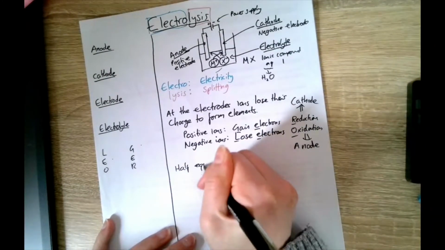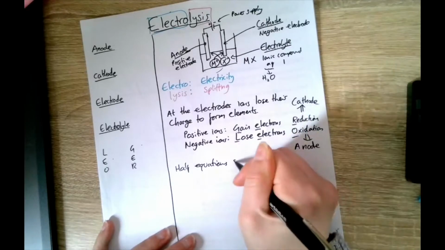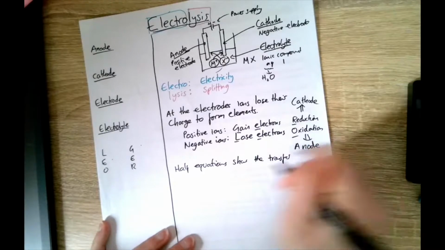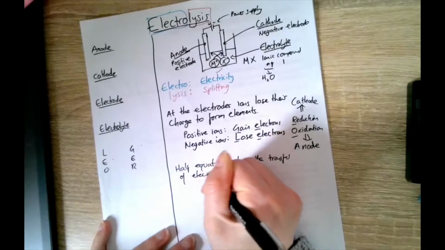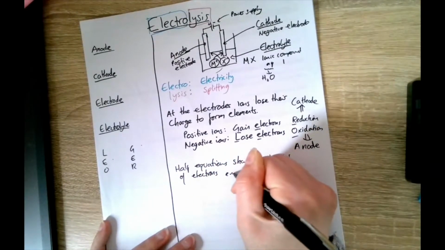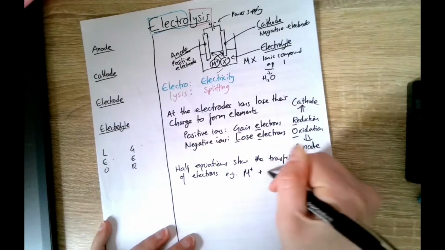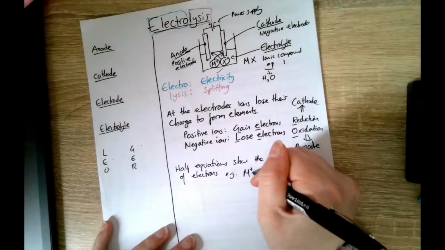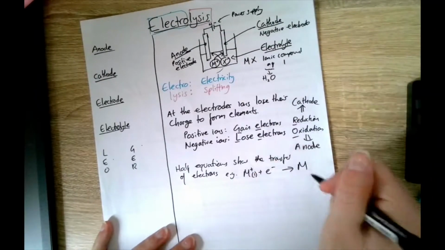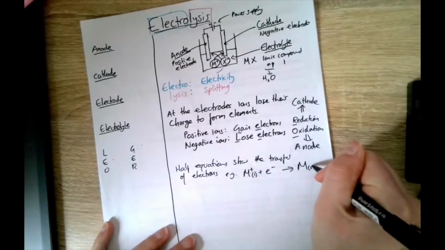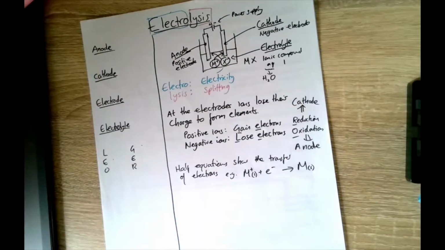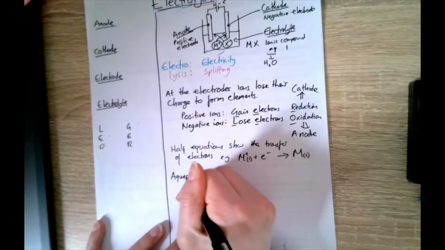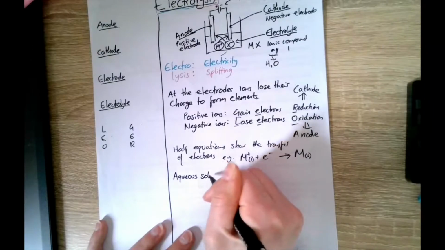So half equations show the transfer of electrons, e.g. for our metal ion, gaining an electron to form our metal. We can add in our state symbols, so here in the molten form, and metals in their natural state are solid. In aqueous solutions, we've already said we're going to have water present.